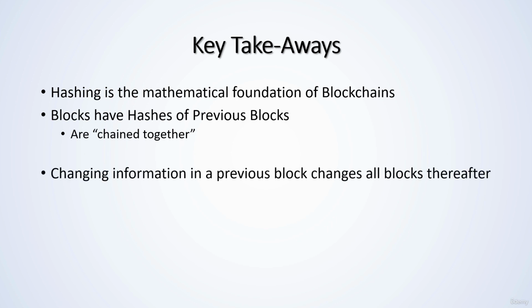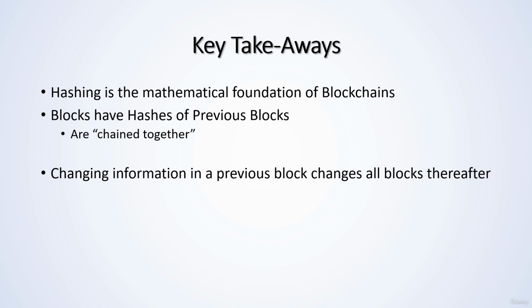Changing information in a previous block changes all blocks after the block where you change the information. So you cannot just go in and change a block's information without changing all of the other blocks too, because then the hash of that block would be different. You remember, small change in an input, large change in the digest, so that the hash would be totally different.